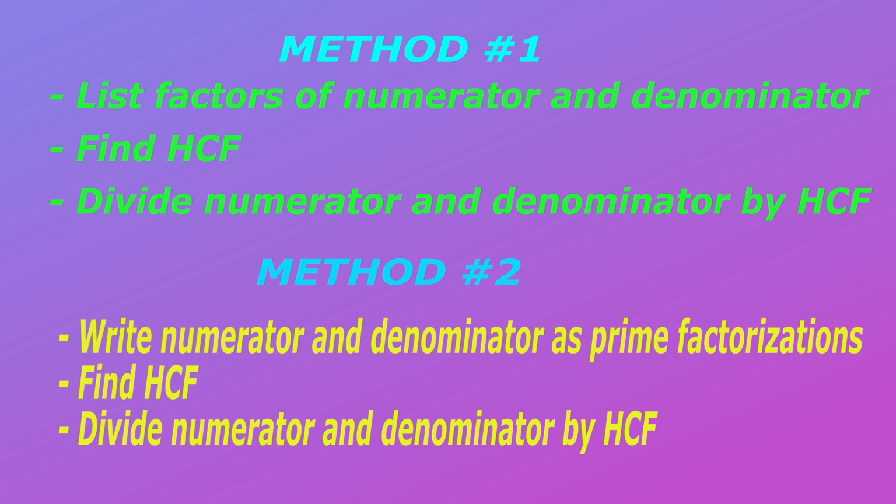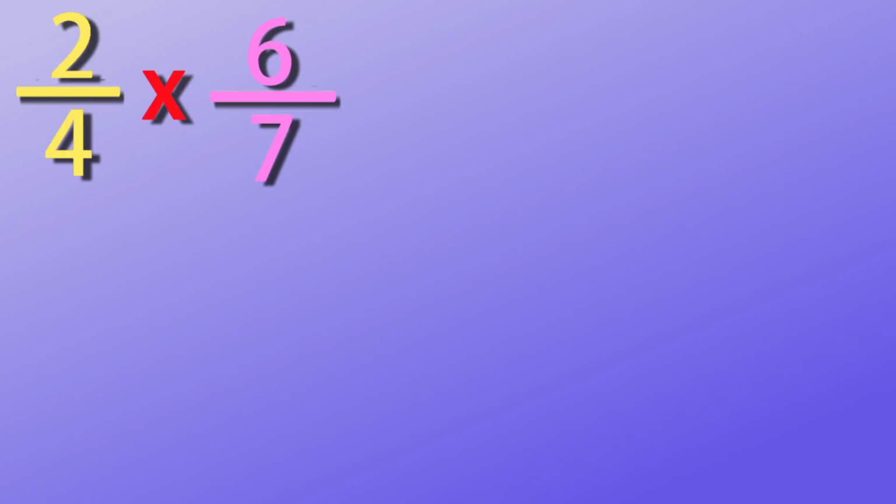Anyway, back to our alternative method. So, taking 2 over 4 times 6 over 7, for step 1, ask, can we simplify the fractions? Look at both fractions and see if they can be reduced. In 2 over 4, 2 and 4 share 2 as a common factor, so we can divide numerator and denominator by 2. 2 over 2 equals 1 and 4 over 2 equals 2.